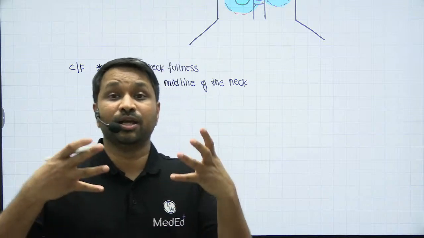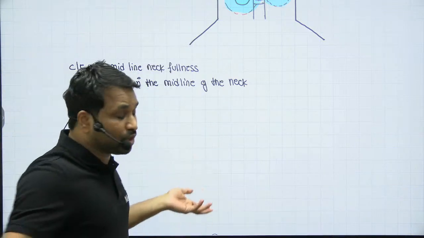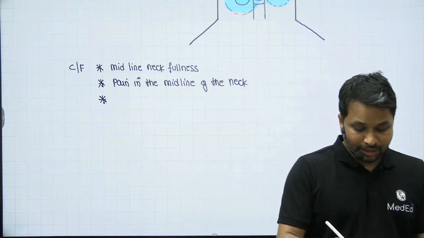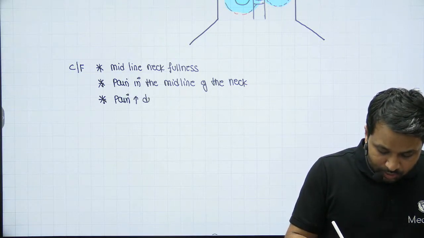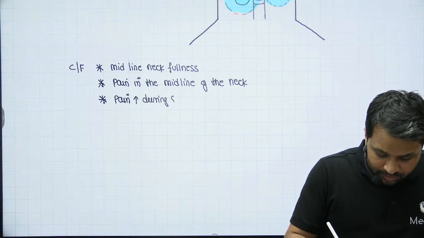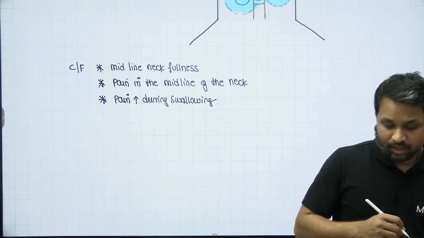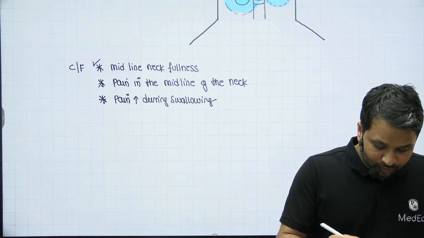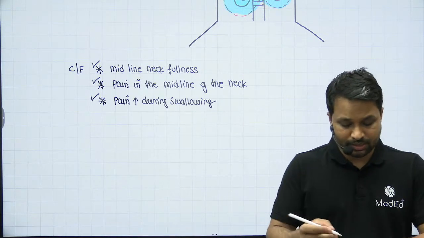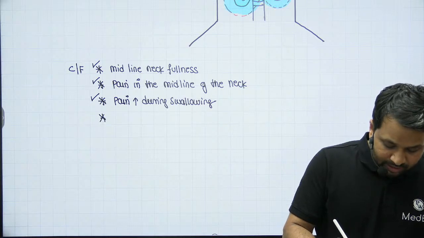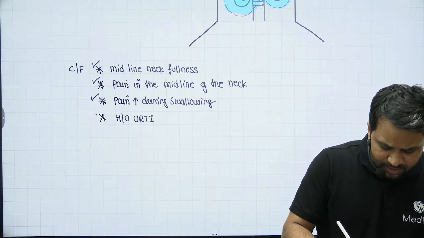Now, an inflamed gland is already so friable, and you're making it move up and down, so obviously the pain will increase. So the patient will tell you that the pain increases during swallowing, right? So there is midline neck fullness, there'll be pain in the midline of the neck, and that pain increases during swallowing. Along with that, there will be a history of upper respiratory tract infection, which is quite evident.